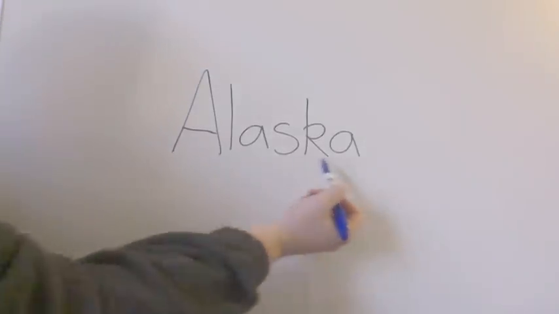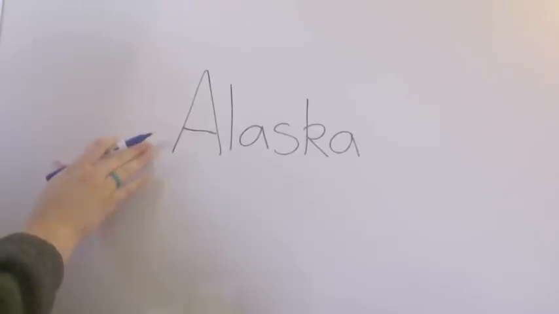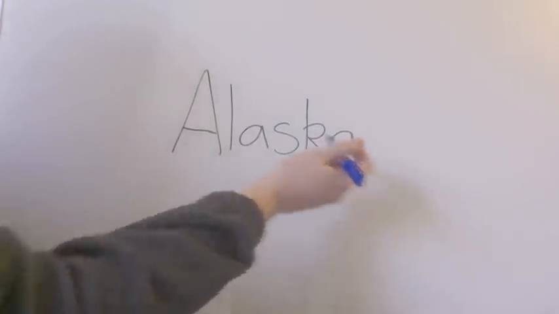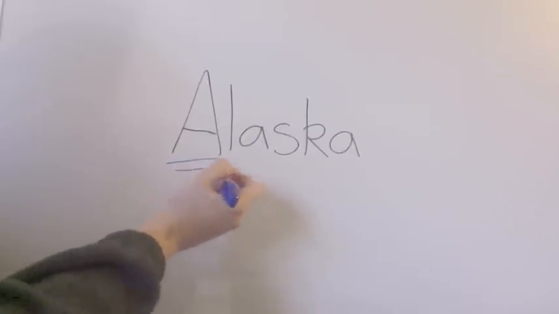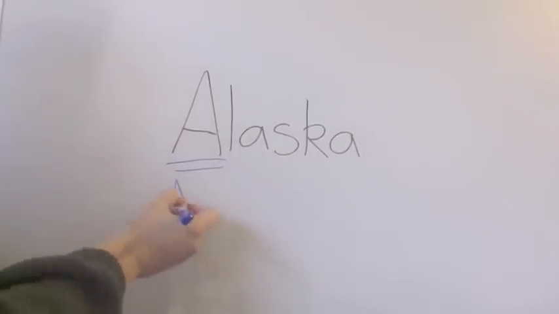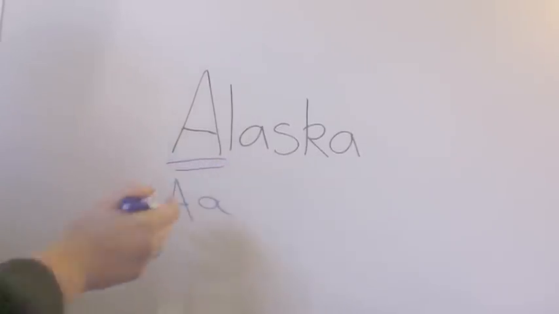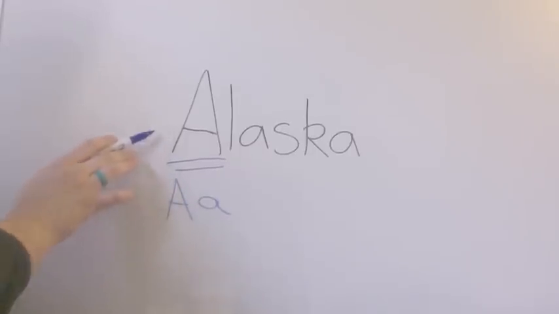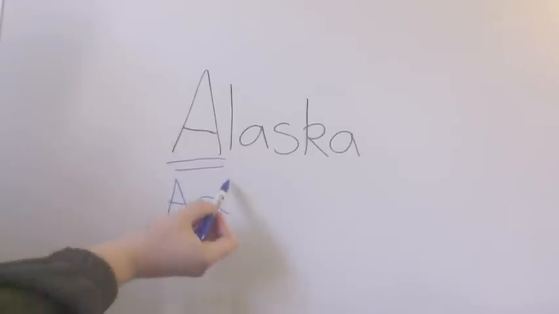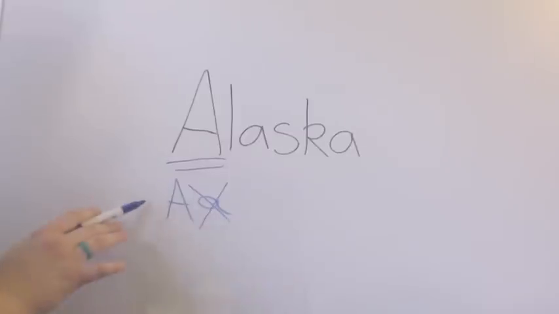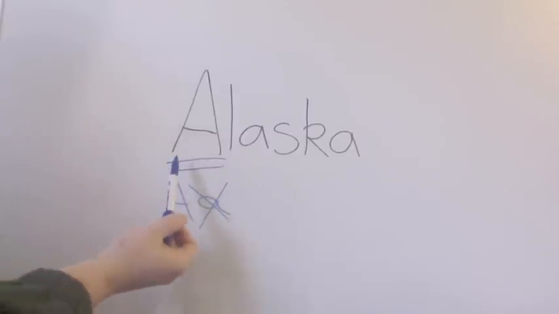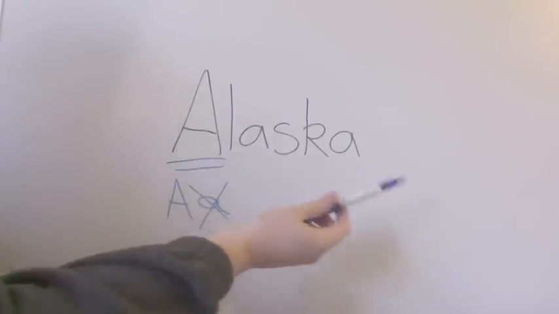Alaska. This is the name of a state in the United States. Because it's a name, you need to remember to capitalize the A. So big A, not the little a. Always the big A. Alaska.